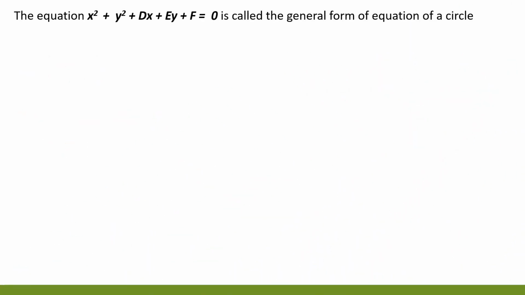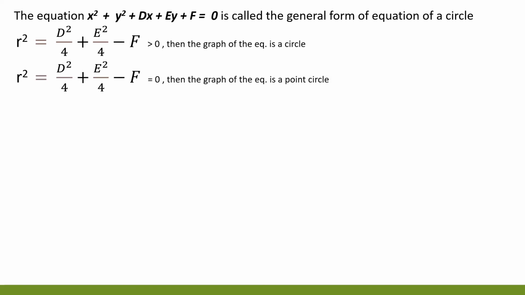The equation x squared plus y squared plus dx plus ey plus f equals 0 is called the general form of the equation of a circle. Now, if r squared is equal to d squared over 4 plus e squared over 4 minus f, and the answer is greater than 0, then the graph of the equation is a circle.